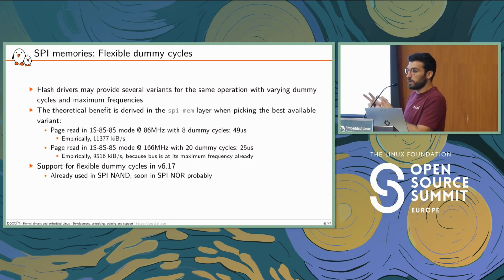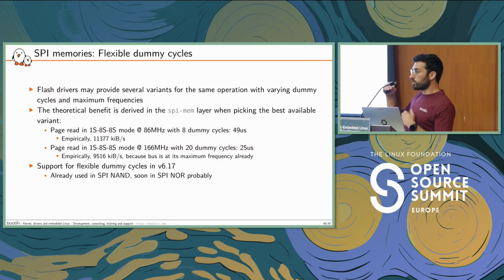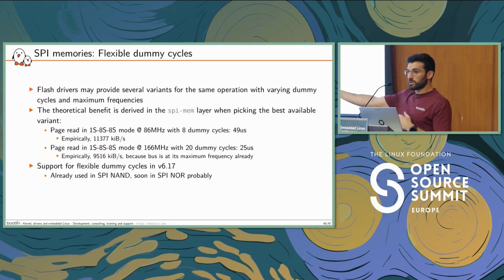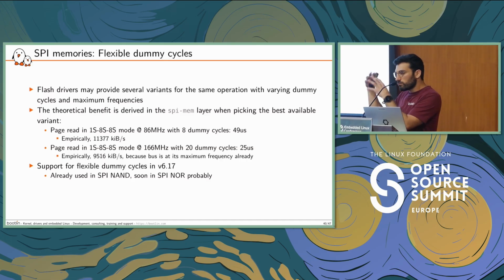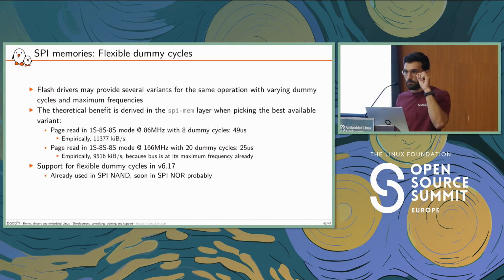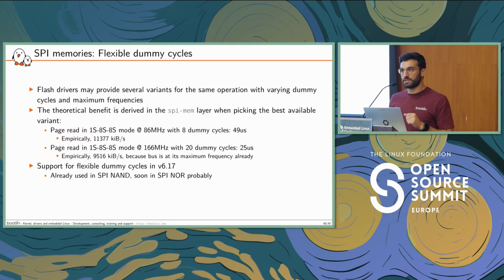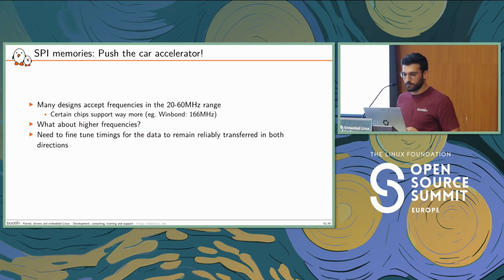This may be a problem if you don't make a wise choice, because if you take the command that might be the fastest and run that at a slower speed, you will spend way too much time sending dummy cycles. So that doesn't make sense. There is for that an additional layer of complexity to correctly pick the right variant that will be the fastest on your platform. So once again, this is something very new and will be part of 6.17.